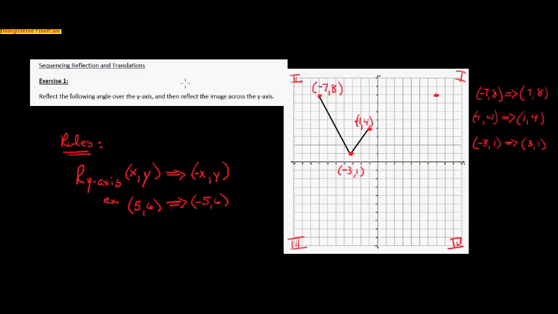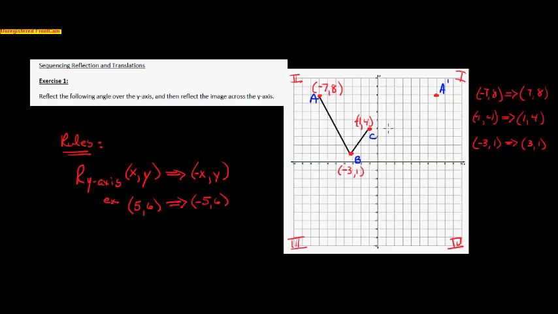So let's start labeling them. Let's turn my pen blue here, and I'm going to call this one A, and this one B, and this one C. So that makes this one A prime, because this is the image of A. This one is going to be 1, 4.